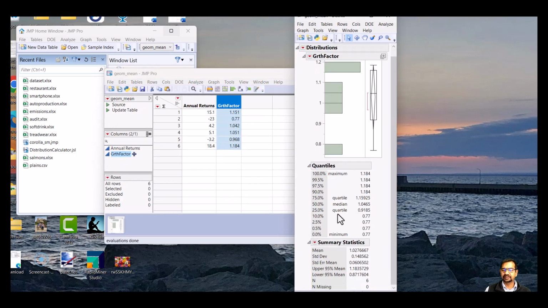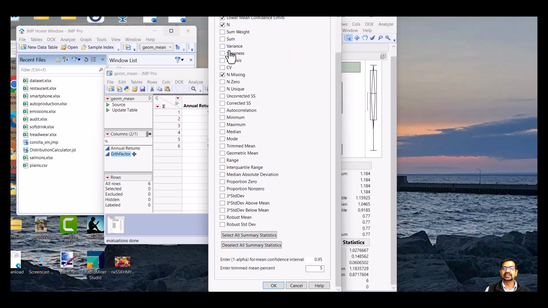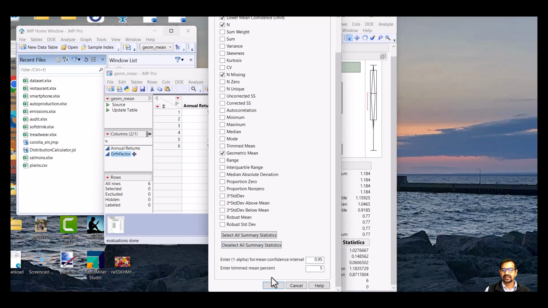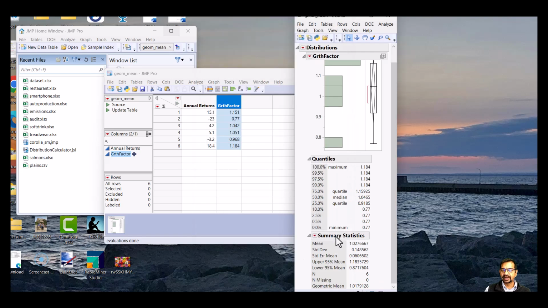And instead of simple mean, which again is not quite useful, we will click on customize summary stats, and here we see the option for geometric mean, which should be here. We click OK.